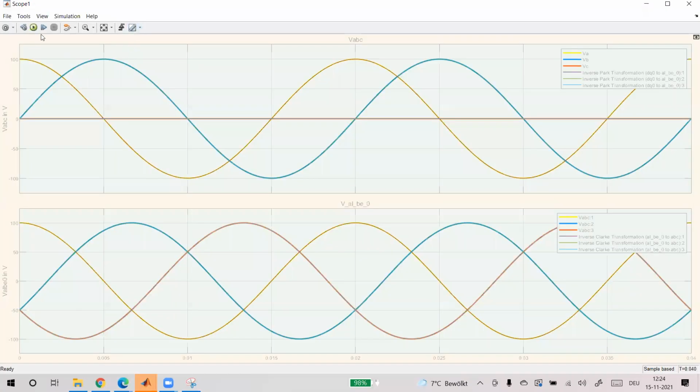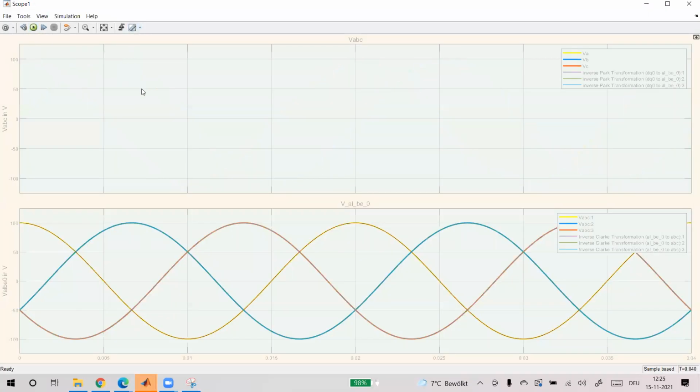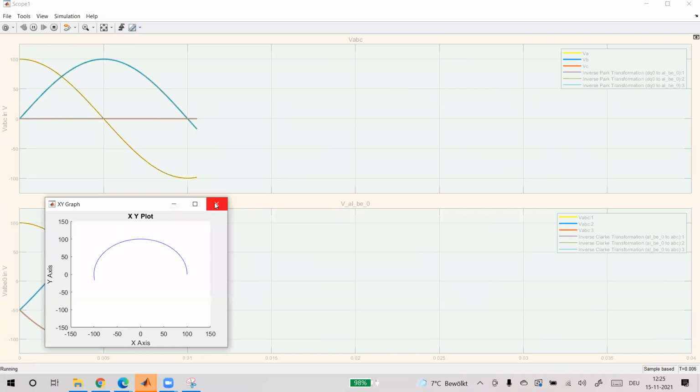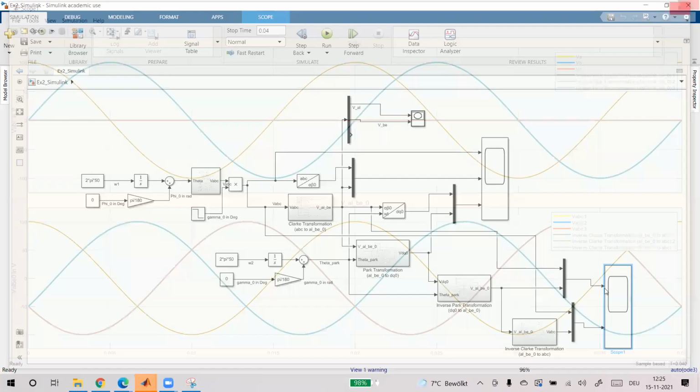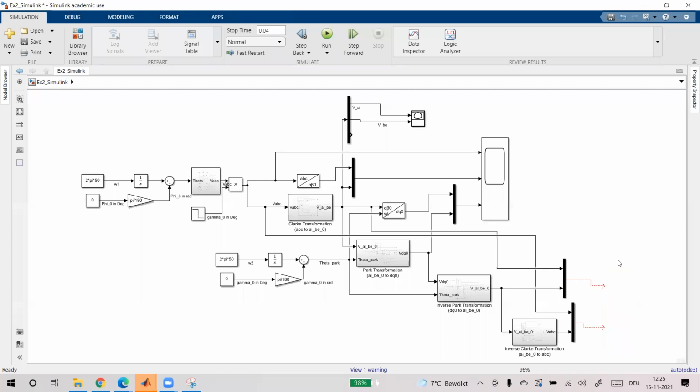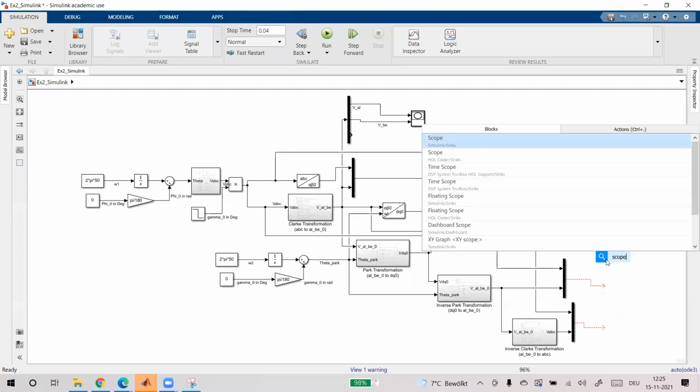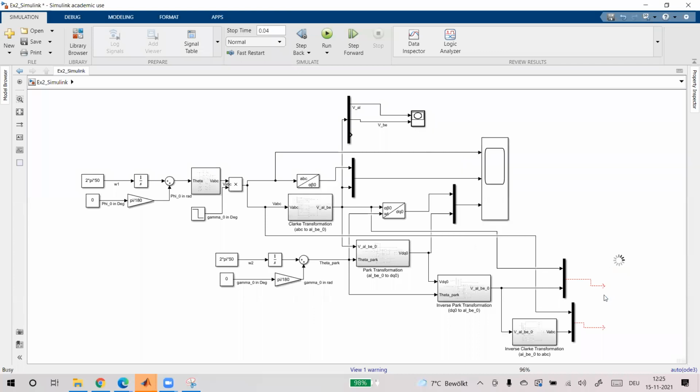And I try to run, and you can see that for me, the A and the ABC graph, which is below, is matching. I would use another scope. I don't want to change the labels here.